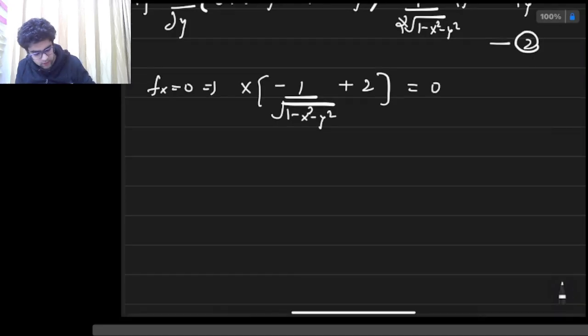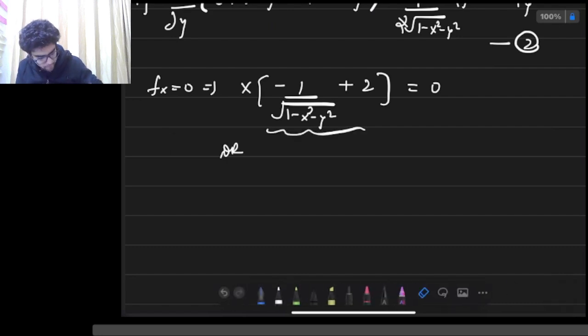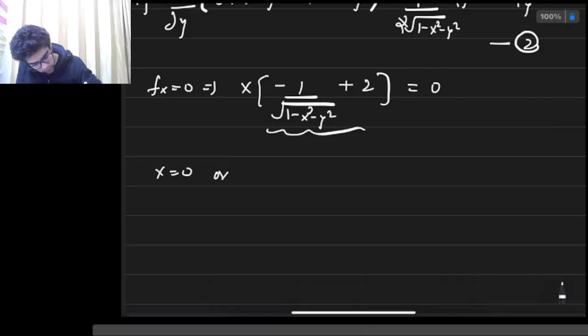This is equal to 0. So this gives me x is equal to 0, or this expression is equal to 0.